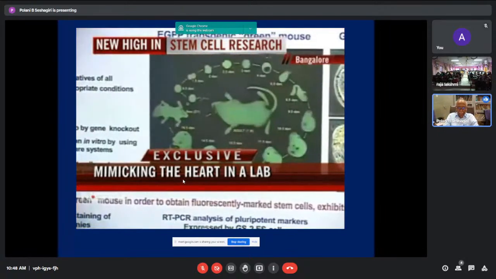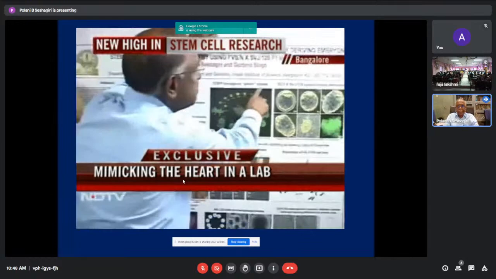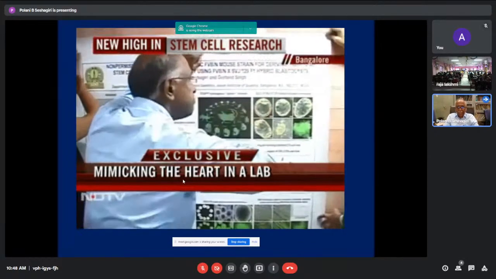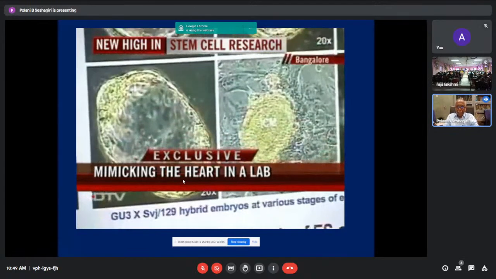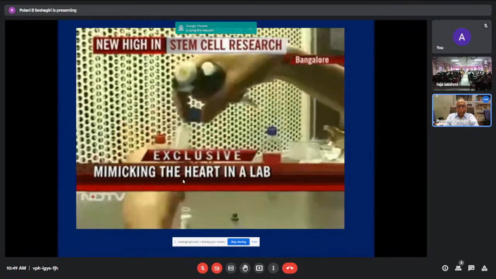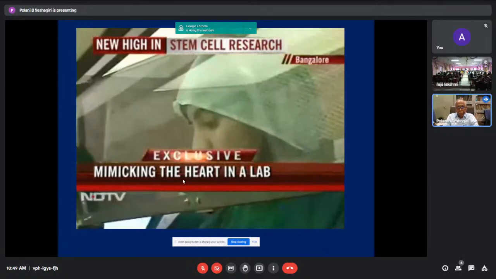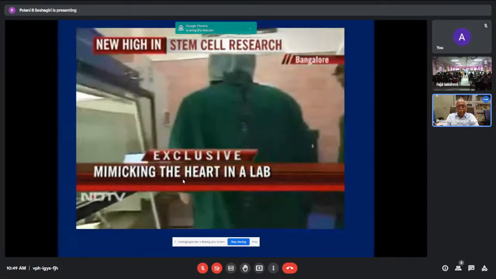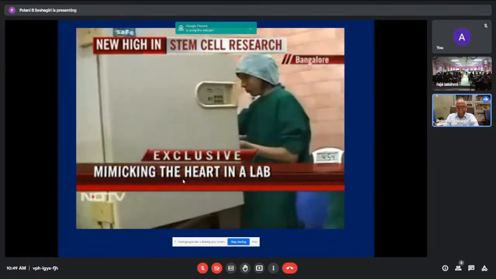So all this work and coverage was on our EGFP expressing transgenic mouse, and from the transgenic mice, our derivation of embryonic stem cells, our derivation of iPSC cells, and demonstrating that the heart muscle cells can be produced, nerve cells can be produced, and he explains that we cannot get the tissue and organ yet.